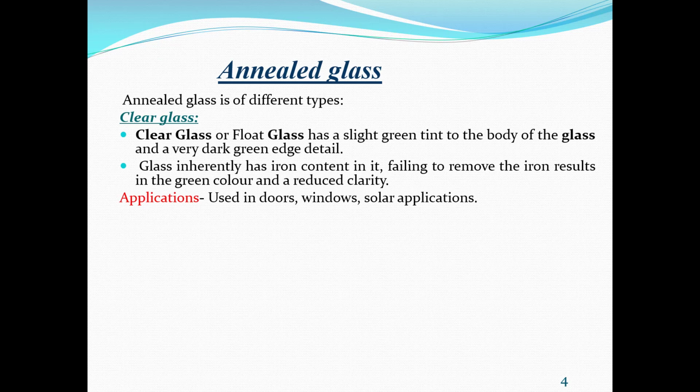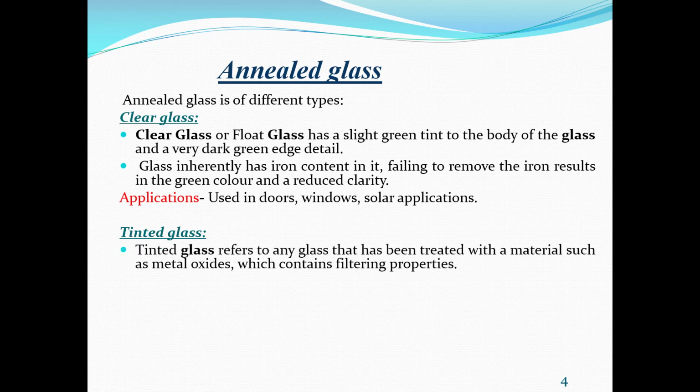So these are very commonly used. But the thing is that this is very brittle and it can be easily broken into two or more pieces. The next type of glass is called tinted glass. As the title itself says, some shade is there for the glass.